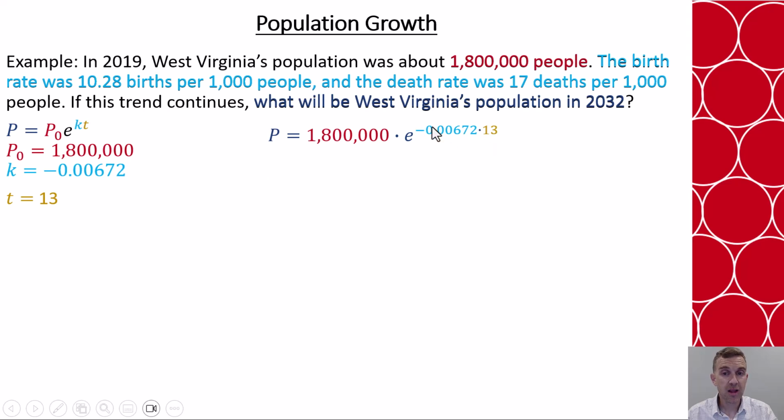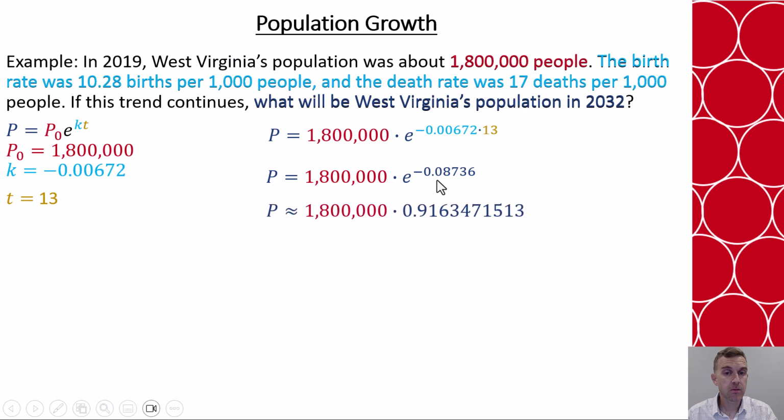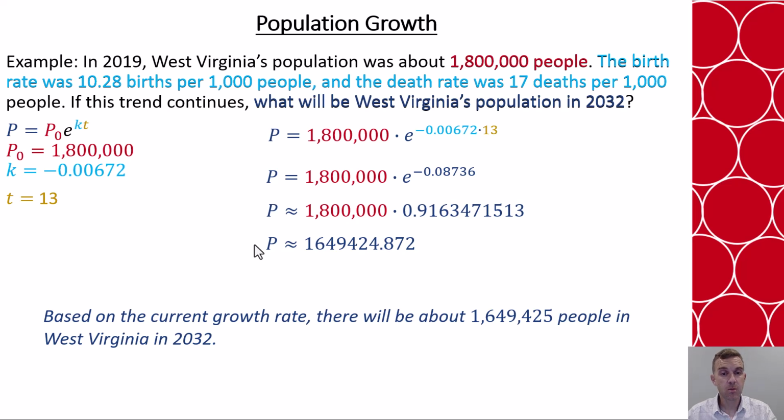We're going to multiply here, do e raised to that value, multiply that by 1,800,000, and then we have our new population. And if we look at what that is approximately, 1,649,425 people. So they're dropping about 150,000 people in 13 years.